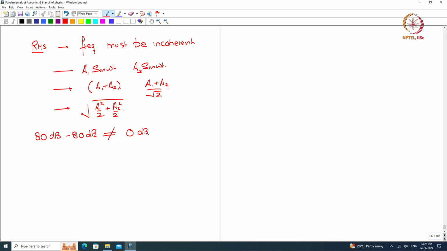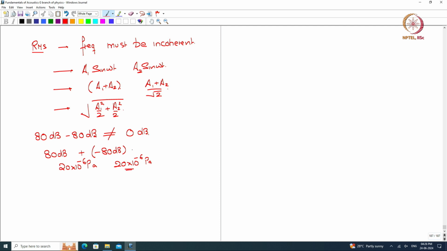We are adding 80 dB, which is loud sound with reference to 20 into 10 to the power minus 6 pascals, and we are adding to that minus 80 dB, which is much quieter than 20 into 10 to the power minus 6 pascals.